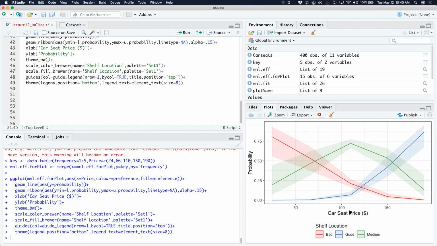So again, this is exactly the same answer that you're getting out of the model for your beta coefficients. But by operating in a probability space, I think it's simply a lot easier to interpret.